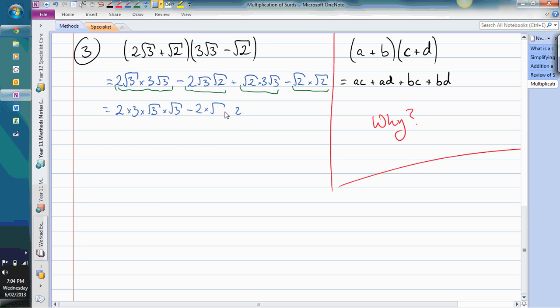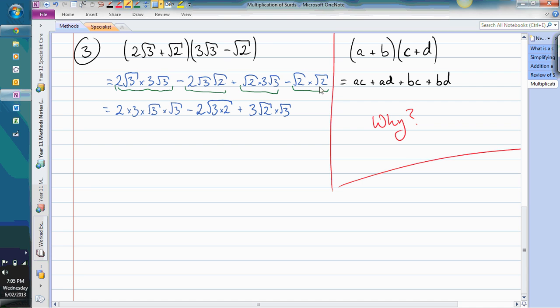In fact, on this step I might even just simplify it together. These aren't going to tidy up at all, so I'm still going to have my 2. I might as well gather these together under the one expression. 3 times 2. And here I'm going to put the number first, 3 times the square root of 2 times the square root of 3.